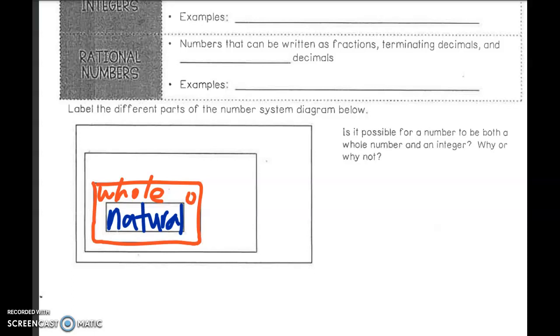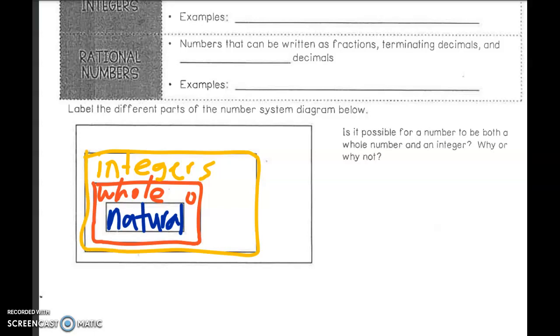As you keep going with the different numbers, you have to remember that each one is a subset of another one. So the next one, we'll do that in a different color. We'll do that in this color. That is your integers. And remember, integers is this whole box right here. Well, what does that include?